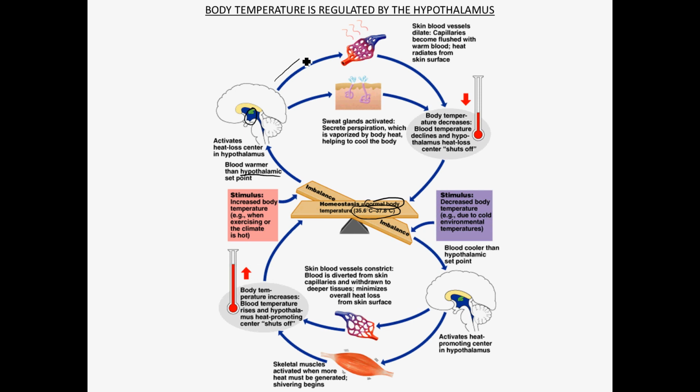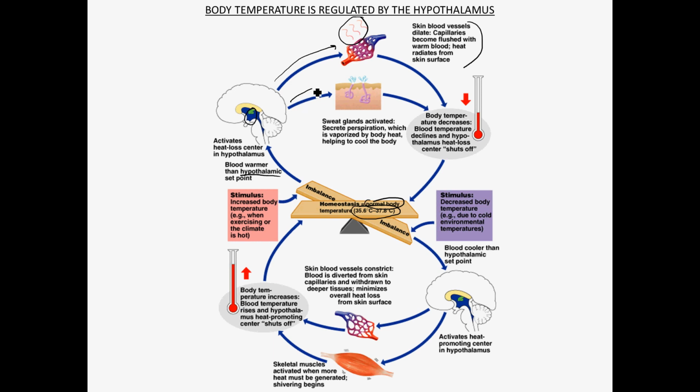then send signals to your blood vessels to dilate, and when the blood vessels dilate, that brings blood to the surface of your skin and you get flushed, you turn pinkish red, and with that increased blood going to the surface, you have heat evaporating away from the surface of your skin.